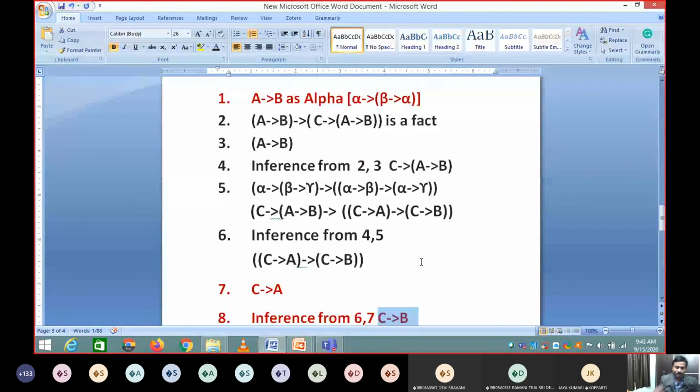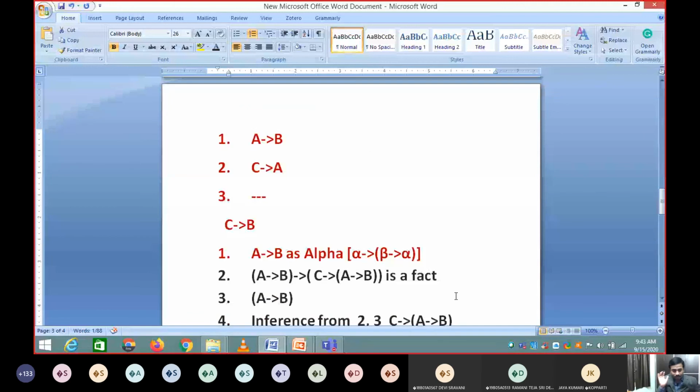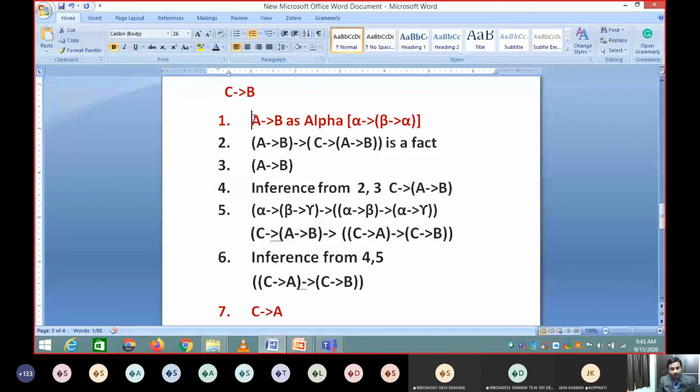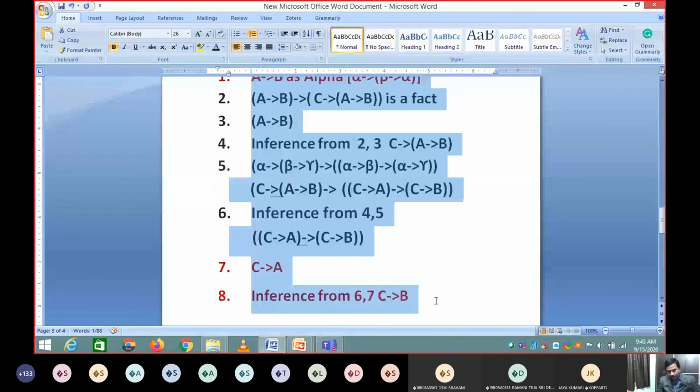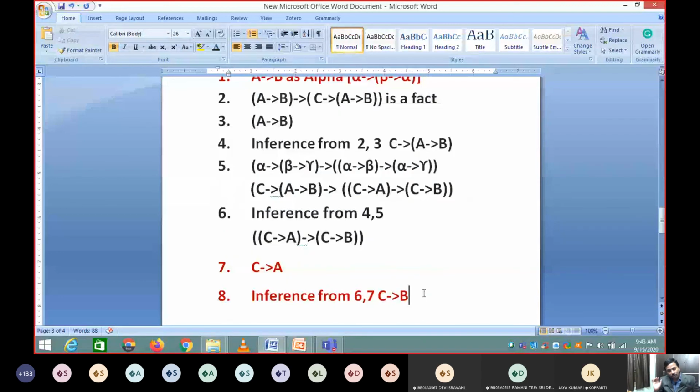But you need to understand, when there is a restriction on the number of symbols that we can process, when there is a restriction on the number of rules that we can apply, then this proving is very difficult. When you wish to construct a system with constraints, then it's very difficult.